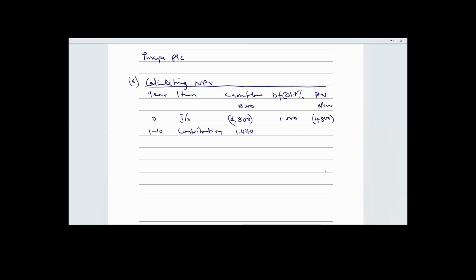What do you have? Annuity factor at 17% for year 1 to 10. What's the annuity factor? 4.6586, approximately 4.659.